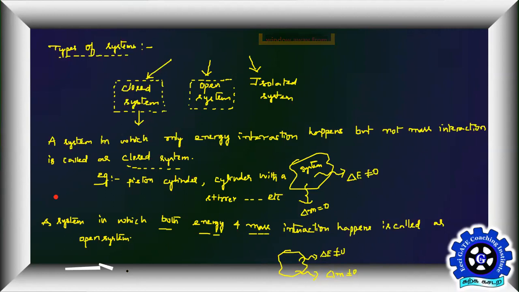So I can say from my experience, in most of your practical examples or industrial applications, you will see open system problems. Very limited applications you will see on closed system problems. Mostly the applications will be on open systems.